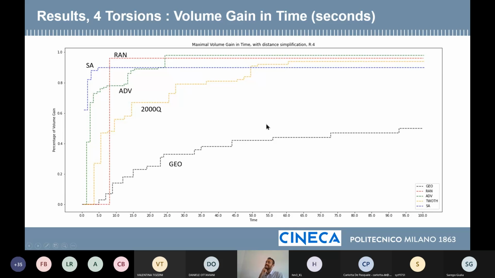So here you see some results. This is the volume found in time. And here is just computational time, so it does not include the time that you need to construct the Hubo problem. That may require some time, especially for larger molecules.